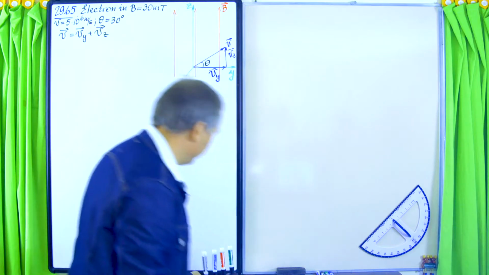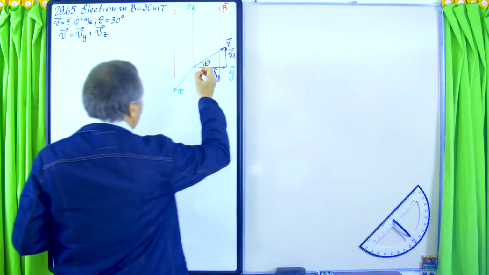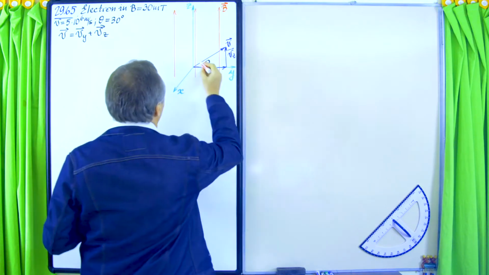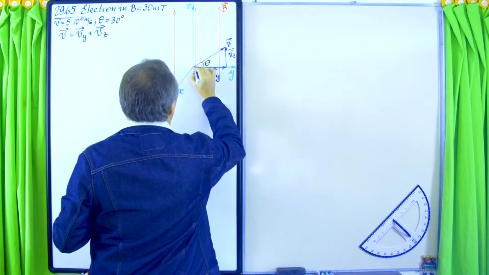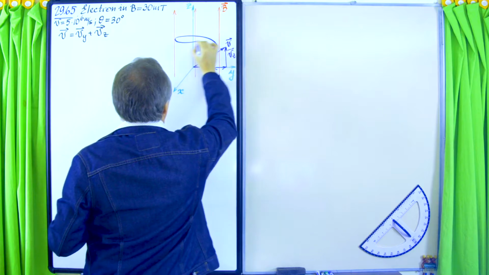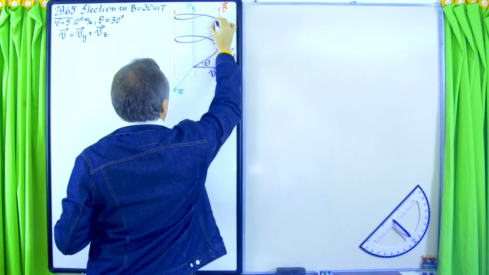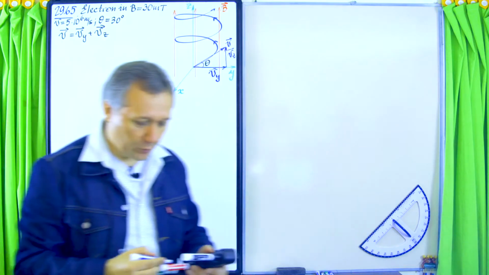Let me draw that, and I will still use blue. Let me draw it nicely. It will be something like this. So that's our helical motion.